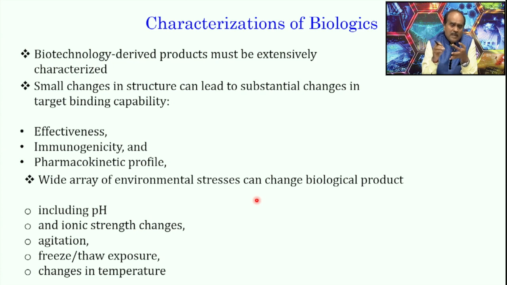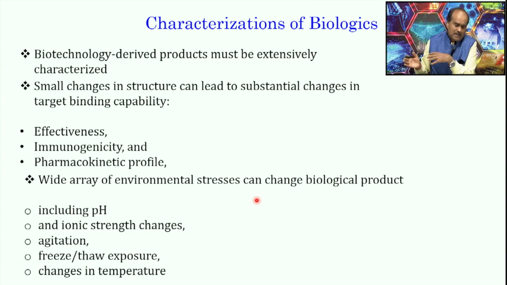Immunogenicity, as I mentioned, any small aggregate present in the biologic drug can cause a huge immunogenic response, so that must be characterized. And also the pharmacokinetic profile. And there are various environmental factors that can change the biological product, even a little bit of pH or ionic strength, or agitation. That agitation can come during manufacturing, packaging, transportation, or freeze-thaw cycles, or even a change in temperature, right?